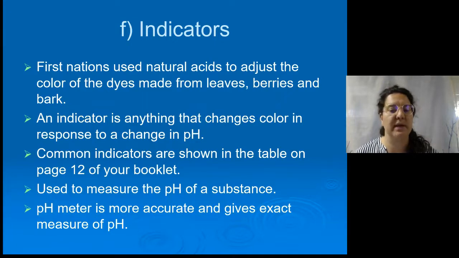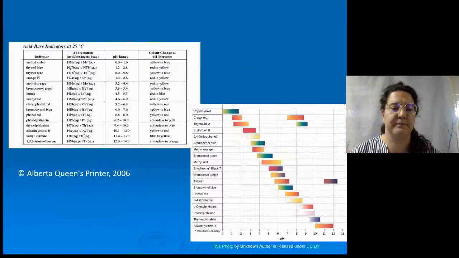Sometimes you'll be given a series of what has happened when a solution has been added to 3 different indicators, and then by looking at the range of pHs and their color changes, you'll be able to identify a range of pH of that solution. So if we see here, methyl orange goes from red to yellow between a pH of 3.2 and 4.4.